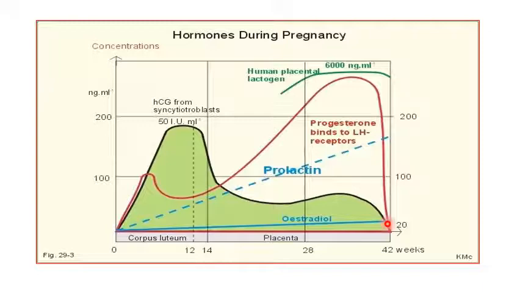And estradiol is at a low level, but it increases at the end of pregnancy, and it initiates labor also because it helps the action of oxytocin and prostaglandin on the uterine muscle. It helps uterine contraction.